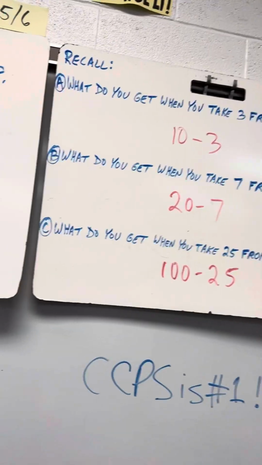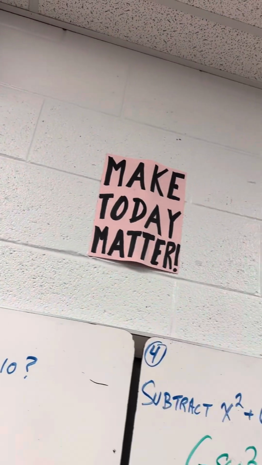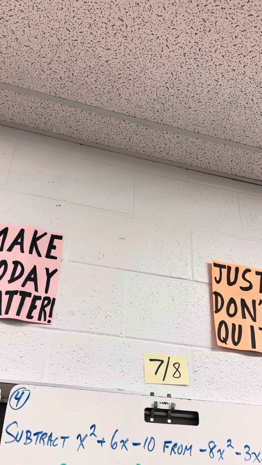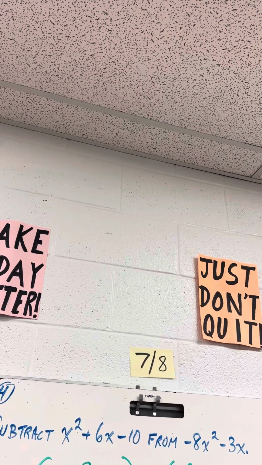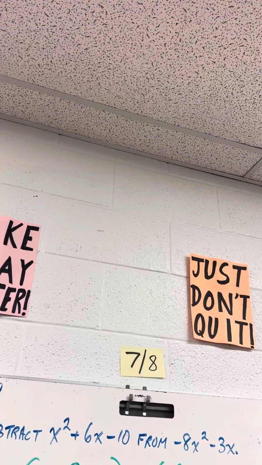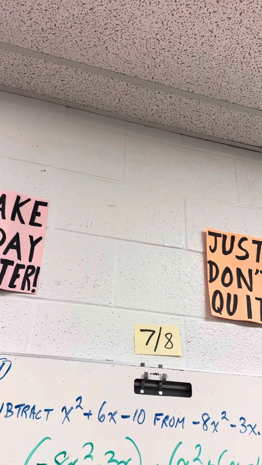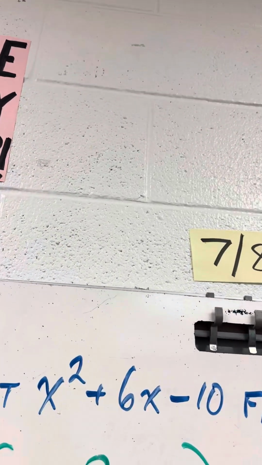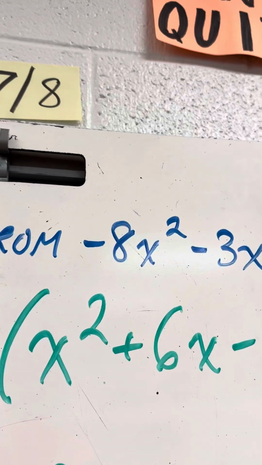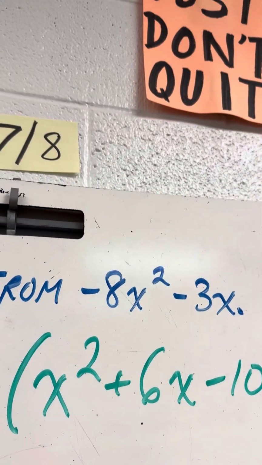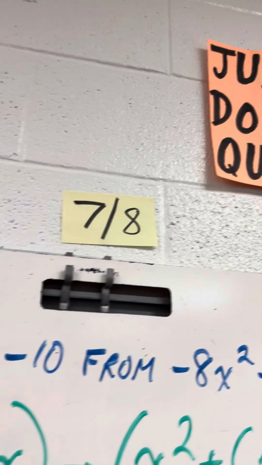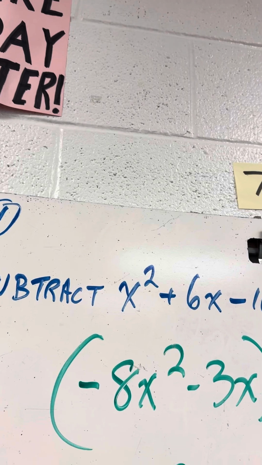Okay, so look at this. We're going to subtract x squared plus 6x minus 10 from negative 8x squared minus 3x. So I'm going to write this mess second, and I'm going to write this stuff first. Okay?